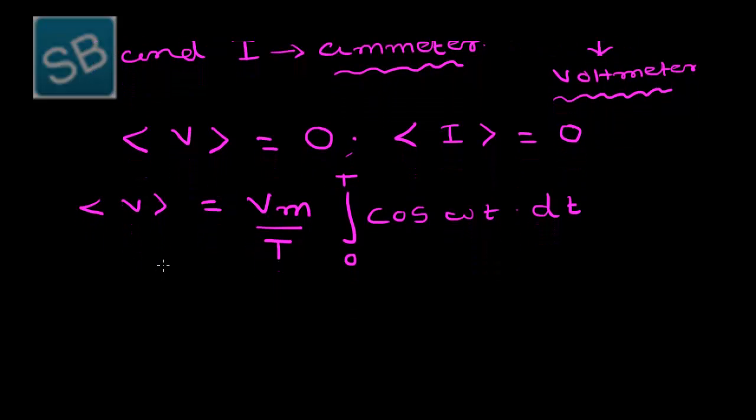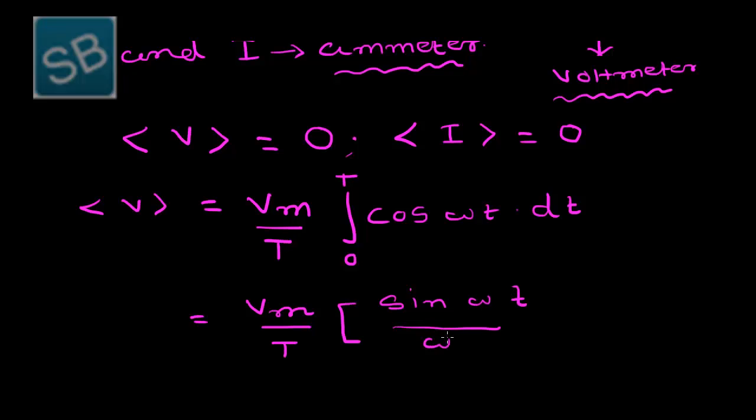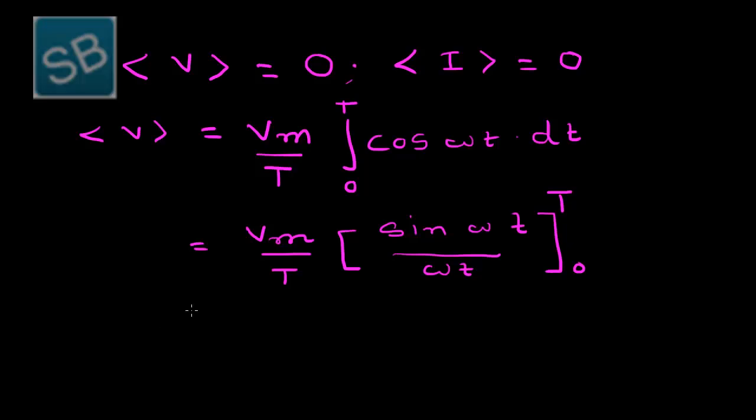Now if we simplify this equation, it is Vm over T, sin omega t over omega, from 0 to T. So this value will be 0.